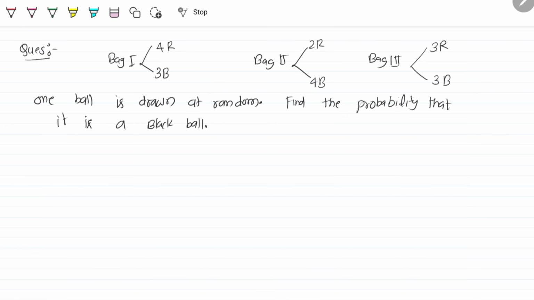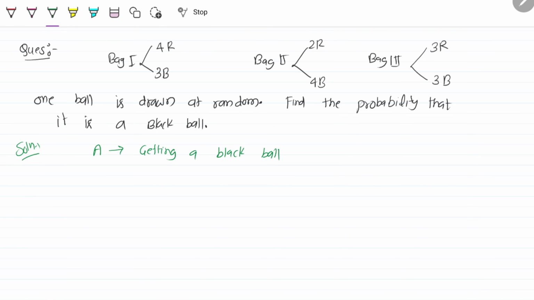So what I told you, the pro tip, you have to look for your requirement. So here what is the requirement? Requirement is getting a black ball. It means your event A is getting a black ball.